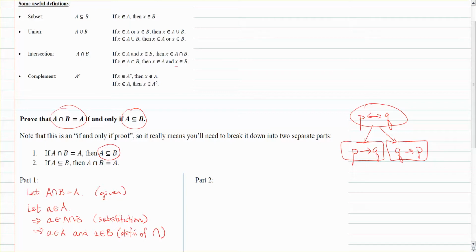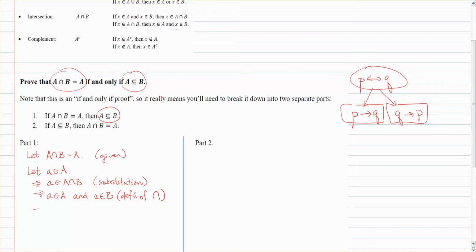Okay. Well, I know a has to be in A and a has to be in B, then I know a has to be in B. This is if you have P and Q, then you have Q. That's the law of simplification, which I think is like 2C or something.